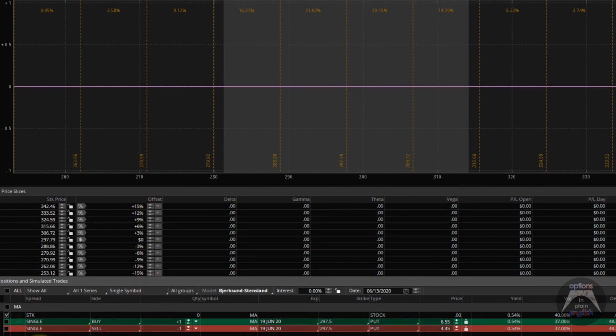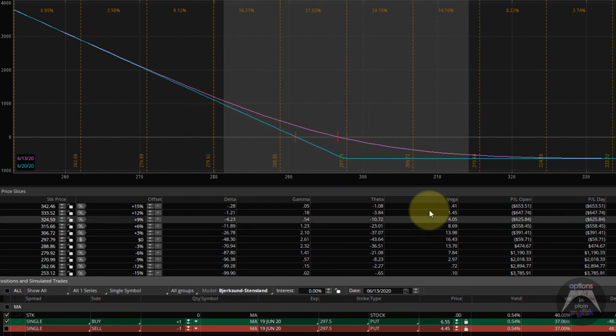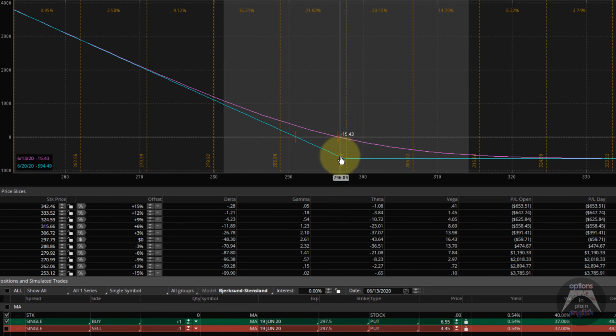Okay. So first we're going to look at buying a put. Buying a put, we already know that it's something like this. You pay the price 6.55, and then it hits the strike where the put is, and at expiration it's going to start going in this direction. So the purple line is the line today, and at expiration it's going to be this line.